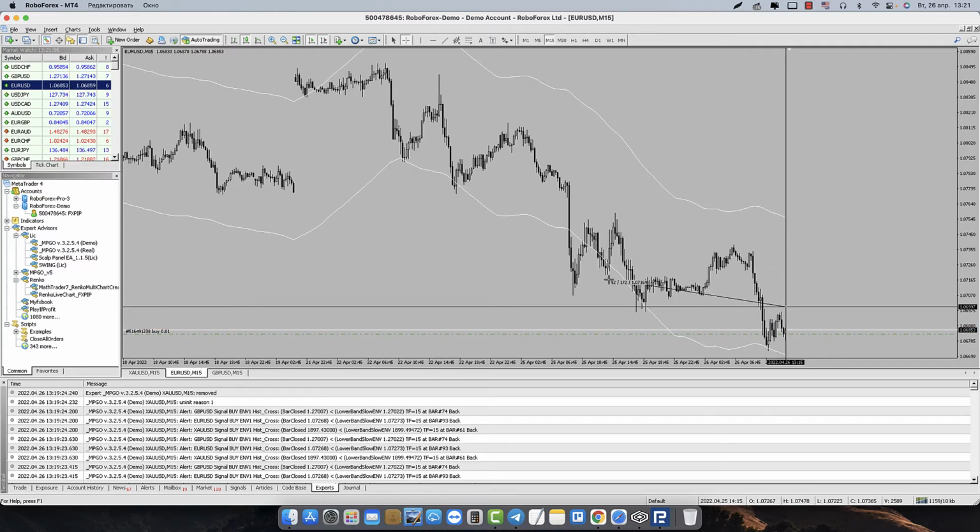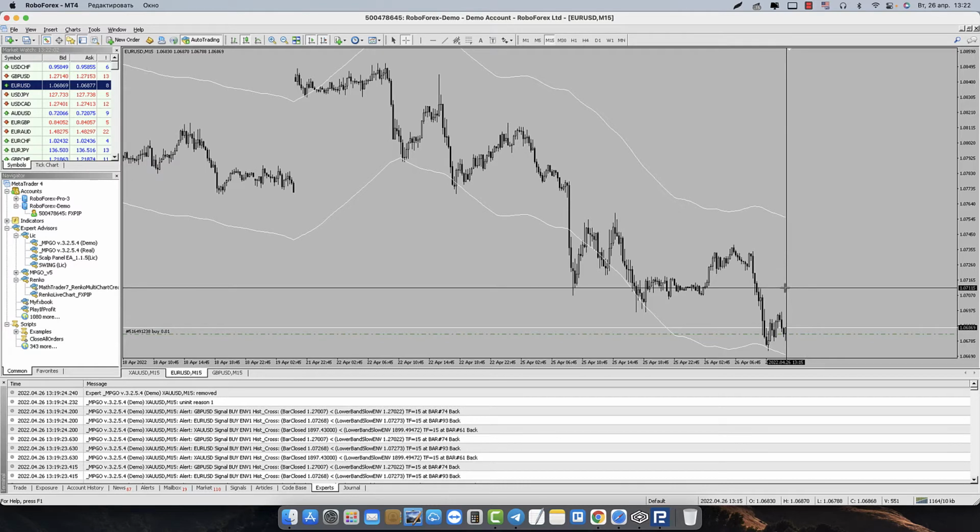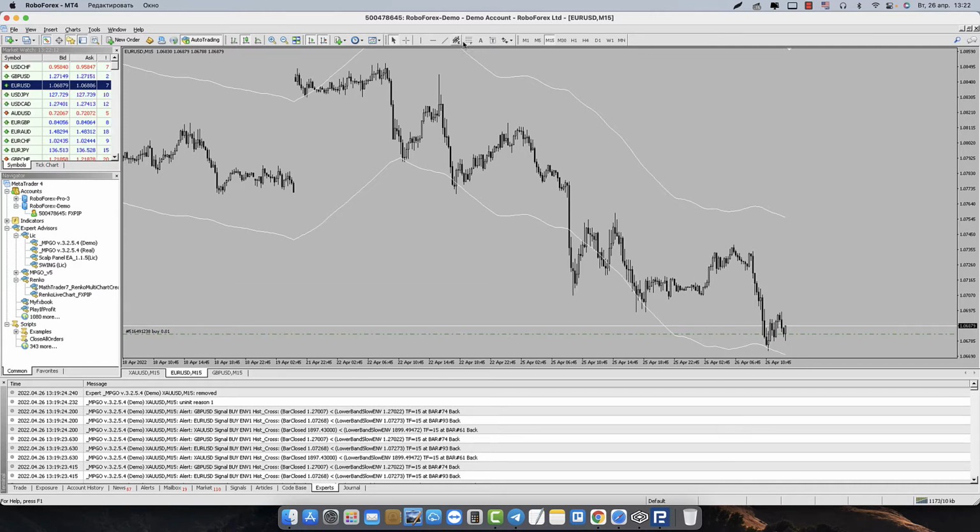There is 93 bars back. I believe it's already a new bar, this one. This one is a buy signal.